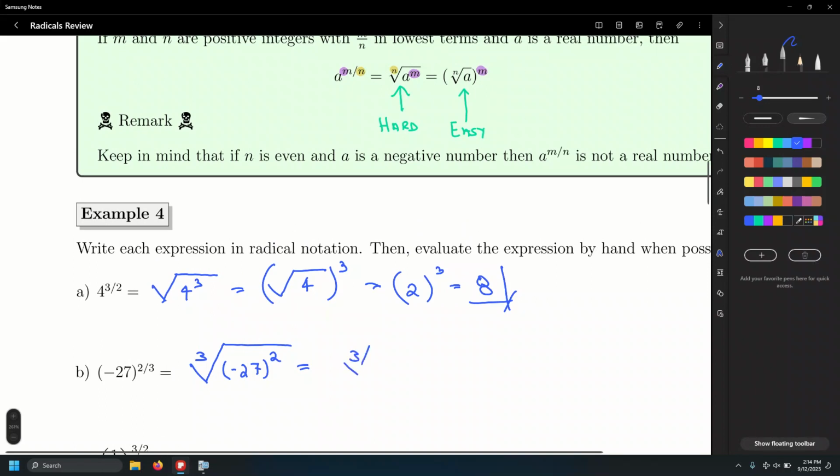That is the cube root of negative 27, and then raise it to the 2nd power. How about we take the cube root of 27? Isn't that really easy to compute? And what is that? Negative 3. Negative 3 raised to the 2nd power, positive 9.